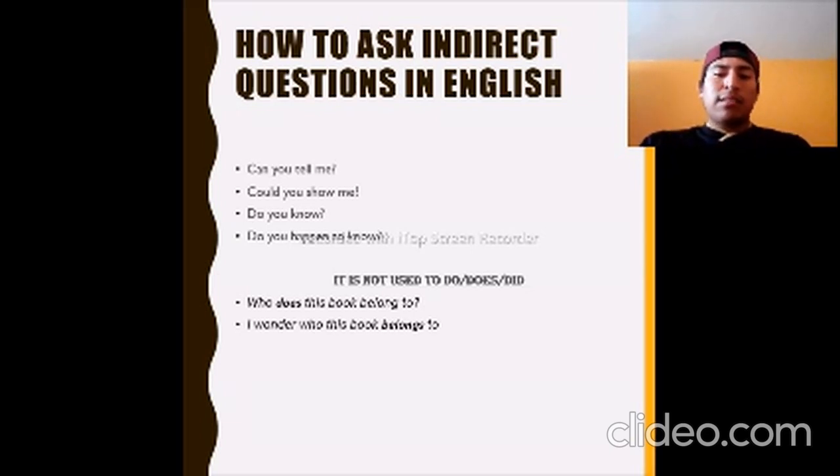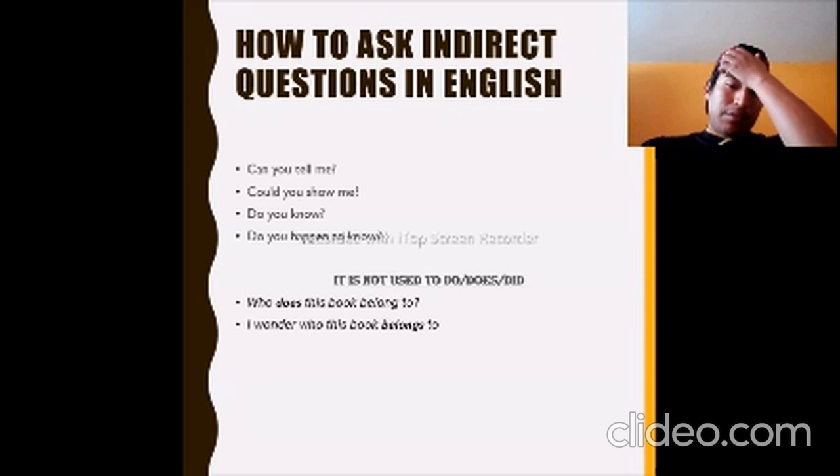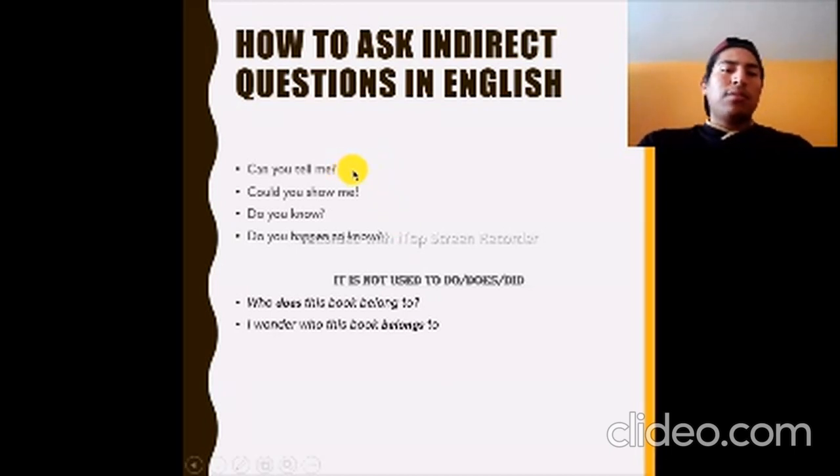They are used a lot in English because it is a very polite language, prone to formalities, especially when you are talking to someone you don't know. Some of the most used expressions to start an indirect question are: can you tell me? Could you show me? Do you know? Do you have any idea?